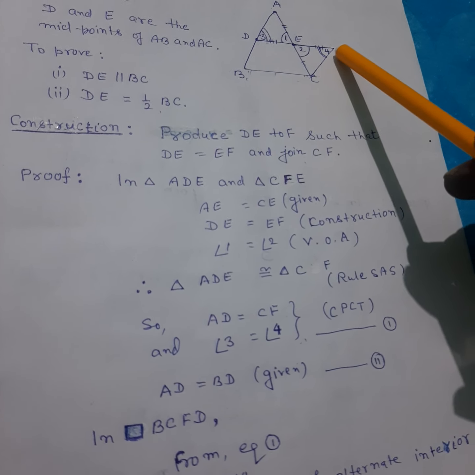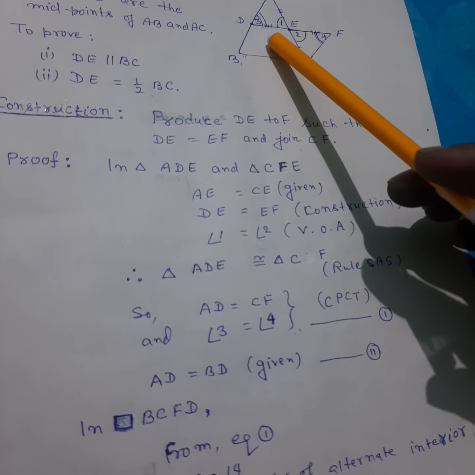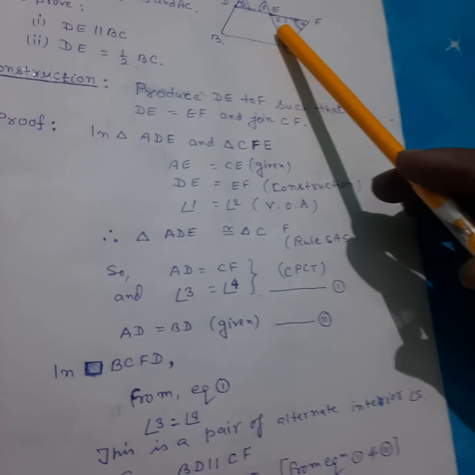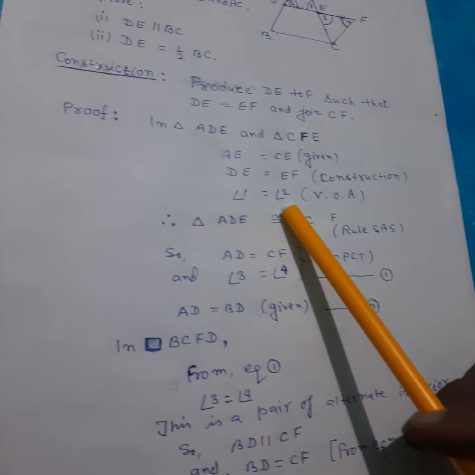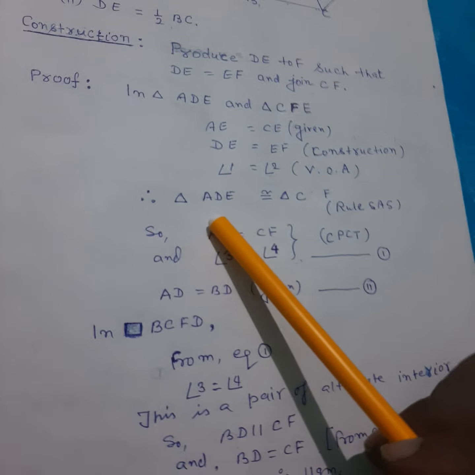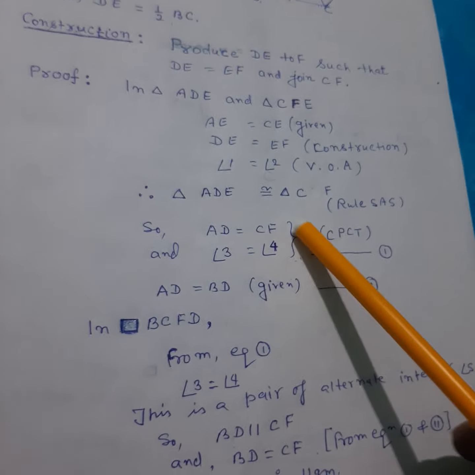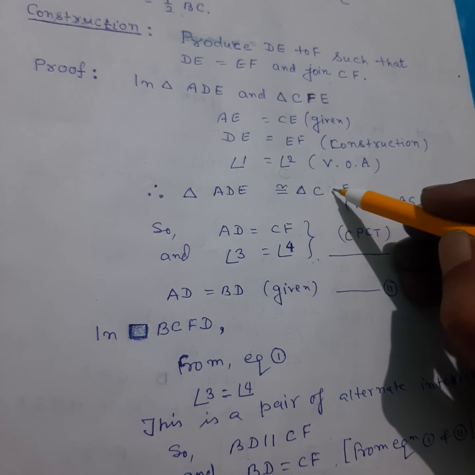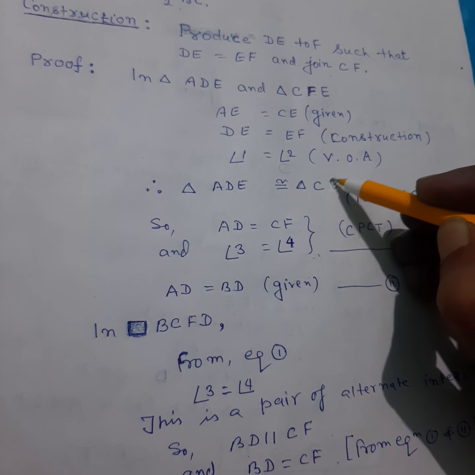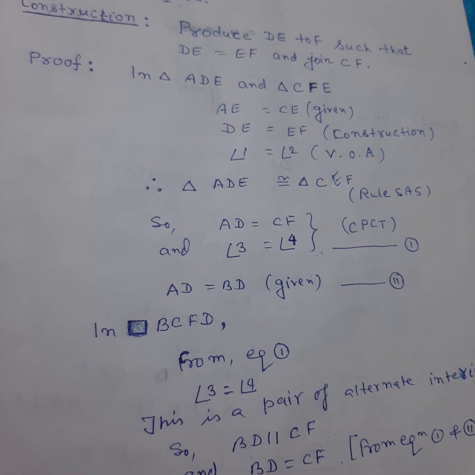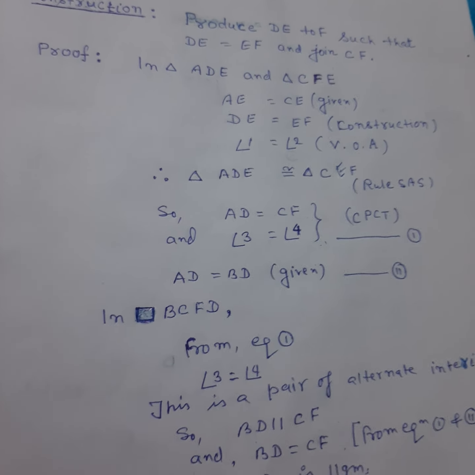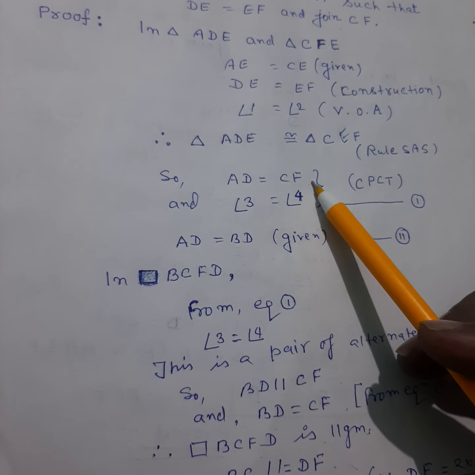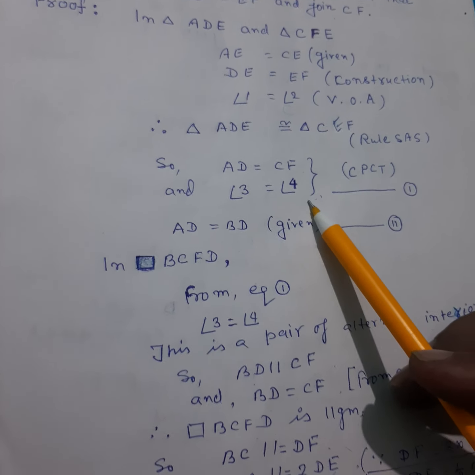DE equals EF from construction. Angle 1 equals angle 2, vertically opposite angles. Therefore, both triangles ADE and CEF are congruent by using congruence rule SAS. From CPCT, AD equals CF and angle 3 equals angle 4.